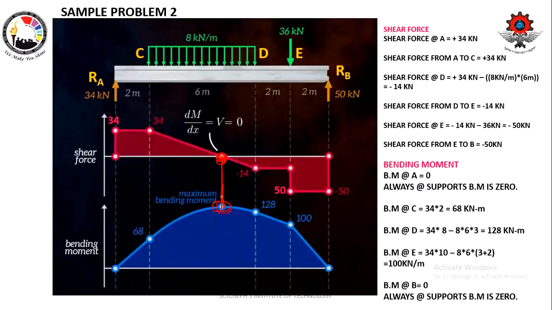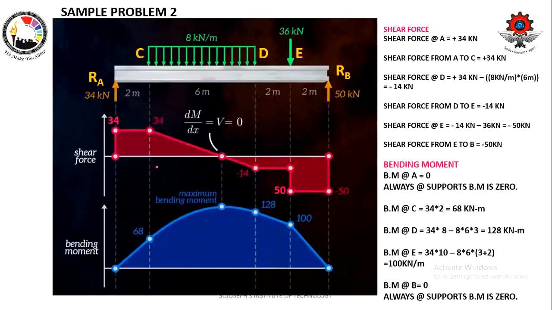This point is called the point of contraflexion. Where your shear force is 0, the corresponding point in the bending moment diagram will be the maximum bending moment, right?